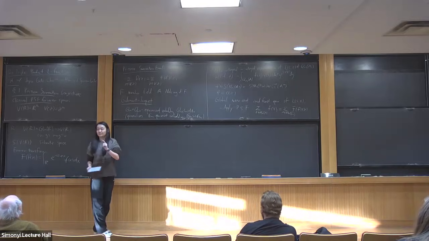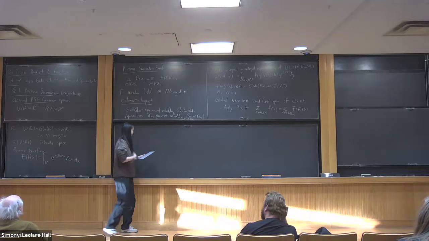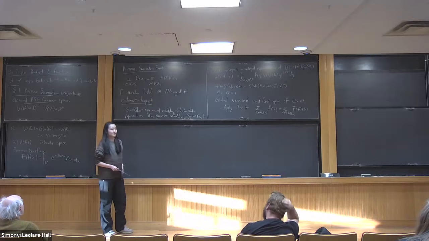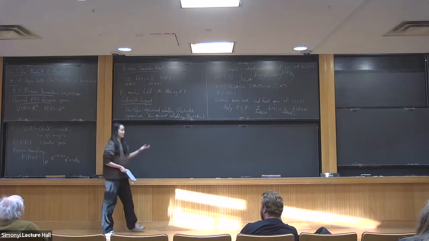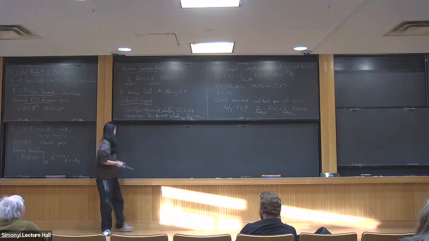So Godement-Jacquet did this for a division algebra before, actually. So this M with GL_n cross GL_n action is just a special case of a more general setting. It's called spherical varieties, which are G-varieties with an open dense Borel orbit.